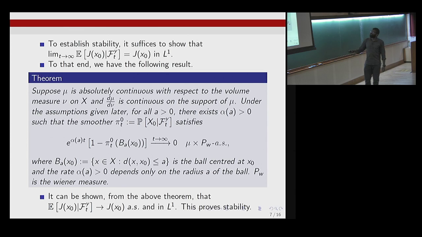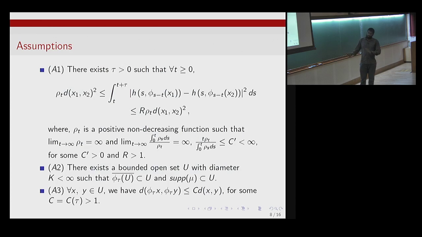Under those conditions, I take any open ball around x naught with some radius, and asymptotically I put all the mass on that open ball, which is in a vague way saying that I know information about the initial condition better as I keep making more and more observations. And we can extend this result to say that it converges almost surely and in L1, and that proves the stability.